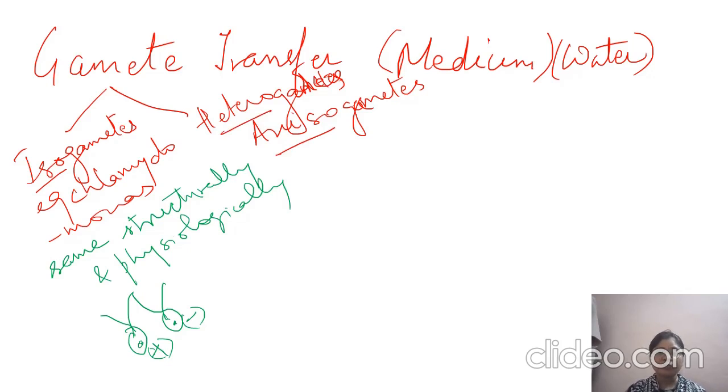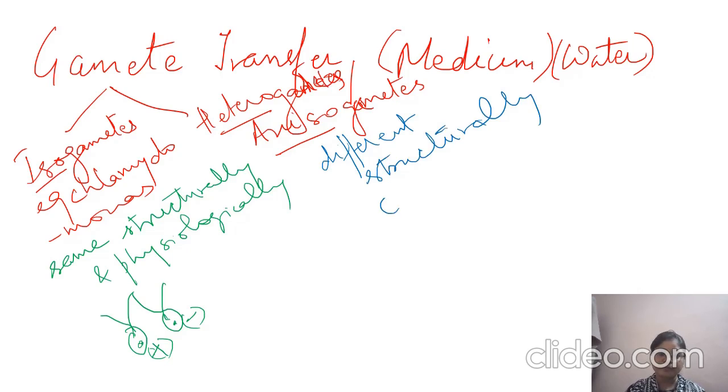So the same thing is there, heterogametes or anisogametes. Are they the same? No, they are different. They are different structurally and physiologically.